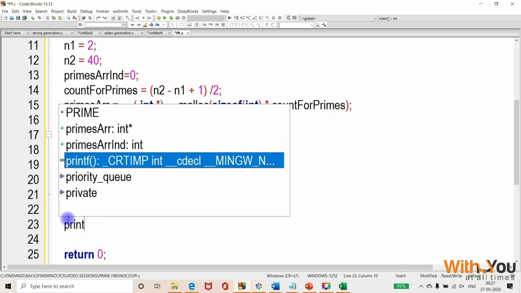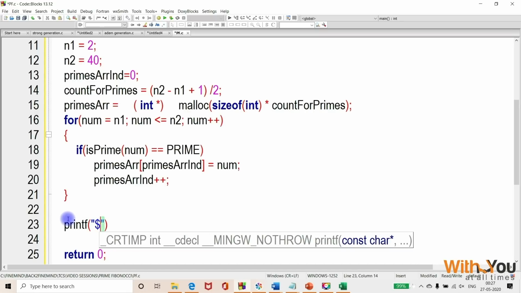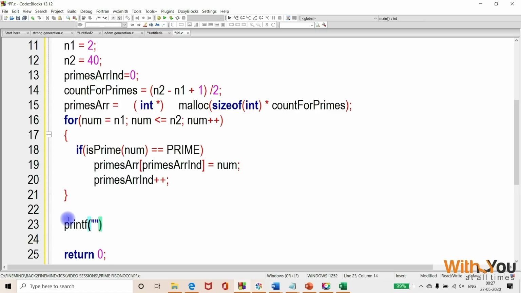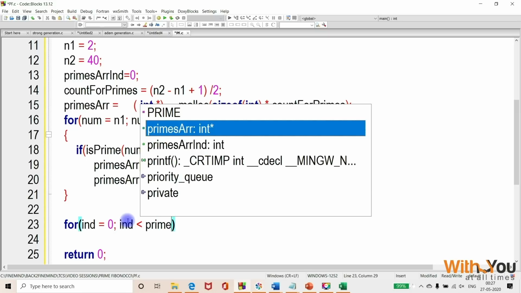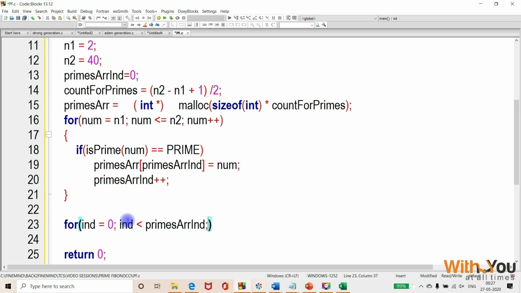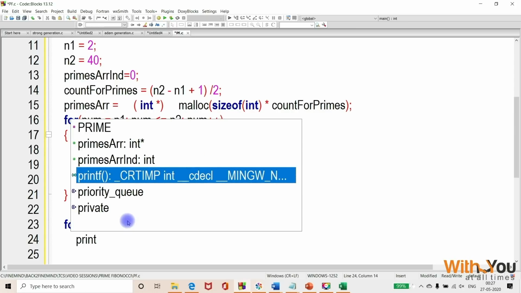Okay, printf and just say %d. In fact, actually, you will find we can just have an agile methodology. Check whether all the numbers are available: for IND equal to 0, IND less than primesARR IND, IND plus plus, and print it.